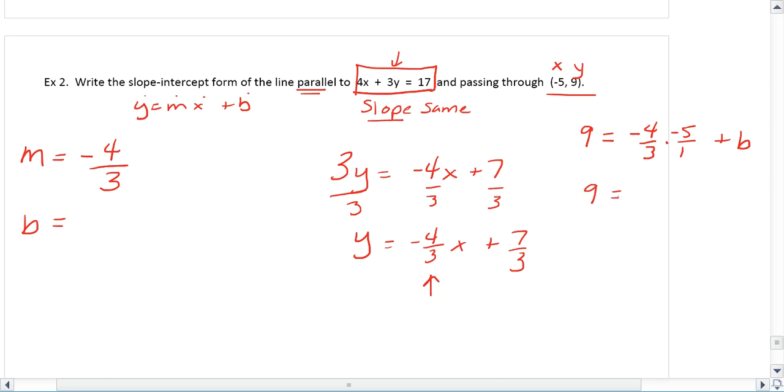So let's multiply the fractions first. Negative times negative is positive. So I have 20/3 plus b. I need to subtract that 20/3 from both sides.